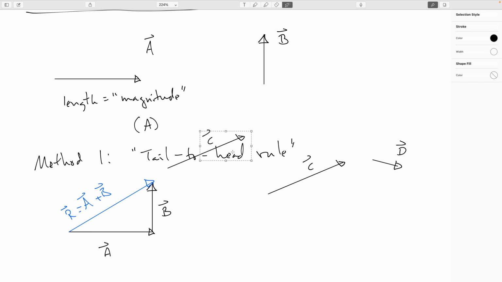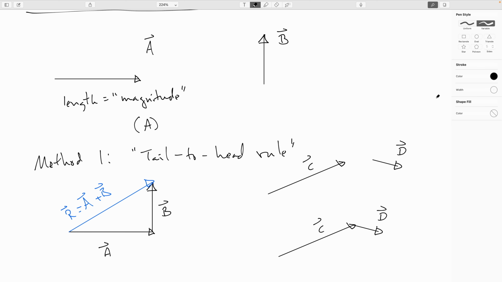Copy, paste, move it. There we go. So I've got a fresh copy of C there. Copy, paste, a fresh copy of D. And again, I'm going to put the tail of D to the head of C. And then to get the resultant, I will go from the unconnected tail to the unconnected head.